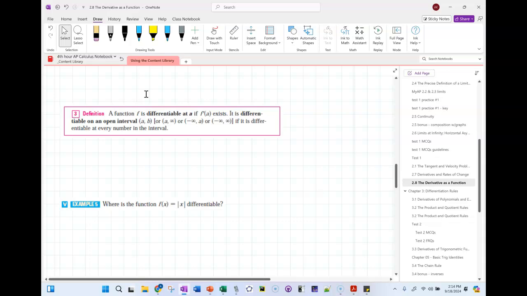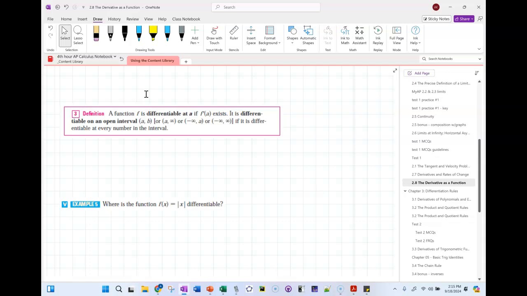This is a definition we've been hinting at today. We're going to now write it out formally. We say a function f is differentiable at a if f prime of a exists. The function f is differentiable on the open interval (a, b) if it is differentiable at every number on the interval.